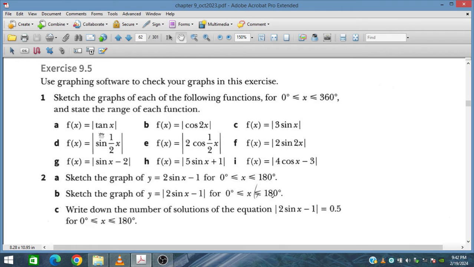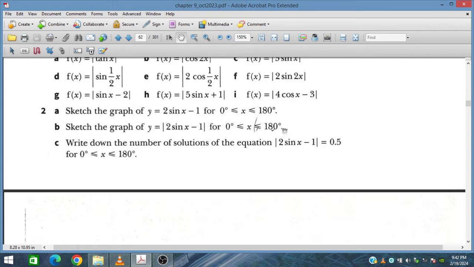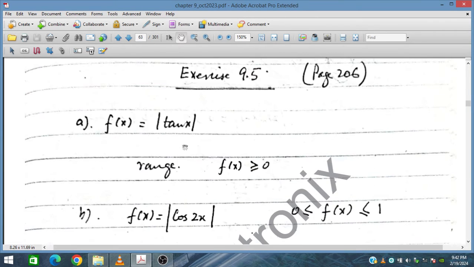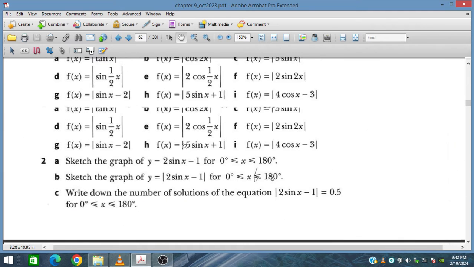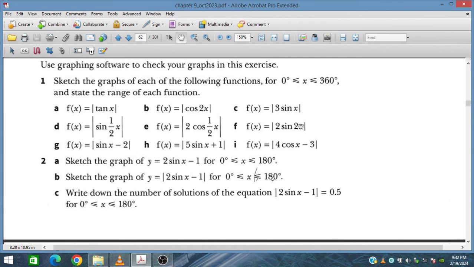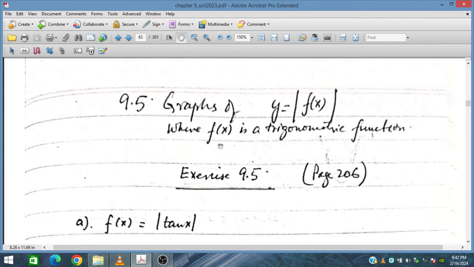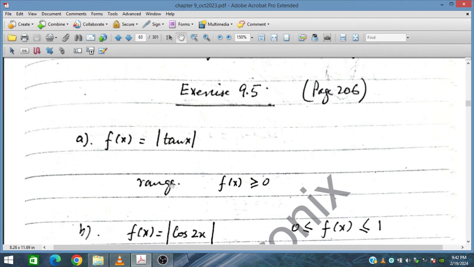Here we have tangent x, cos 2x, and similarly the other functions. Let's draw these, and we have to find the range, its minimum and maximum value. For tangent x, the range is greater than or equal to 0, starting at 0 and leading to infinity.